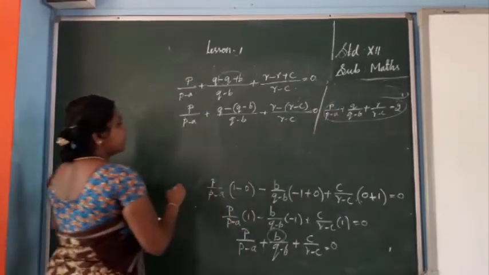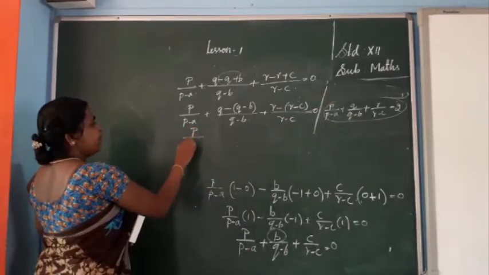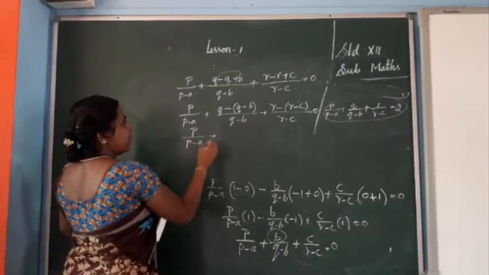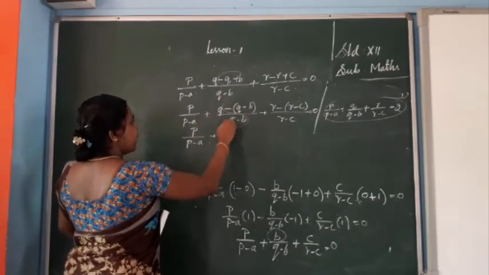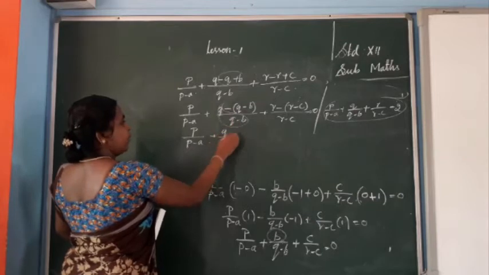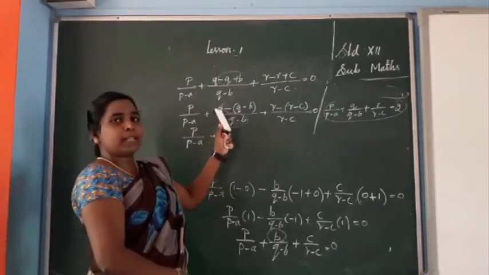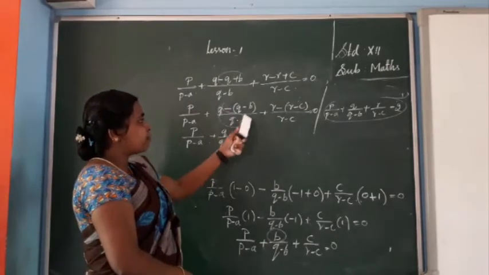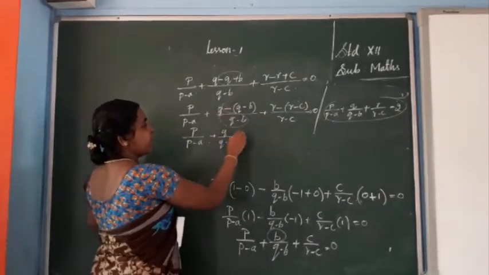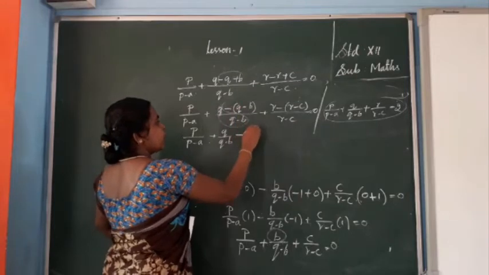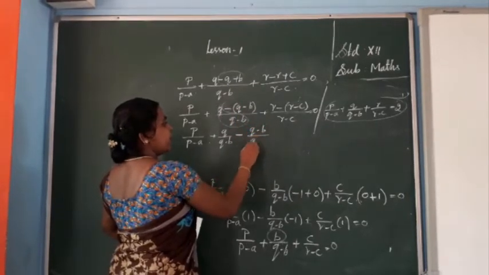Next, p by p minus a plus, now I am taking q by q minus b as one part. Actually q minus b is common for both terms. So I have taken the first part, then minus the next term, q minus b by q minus b.